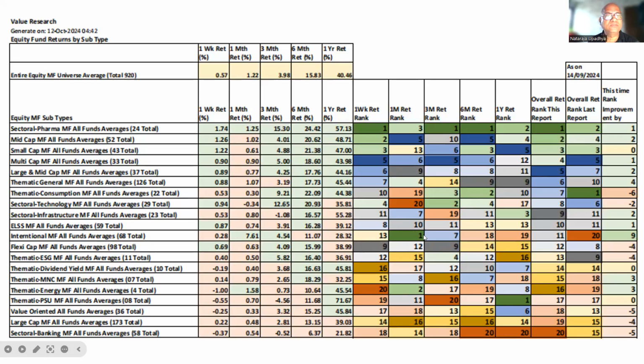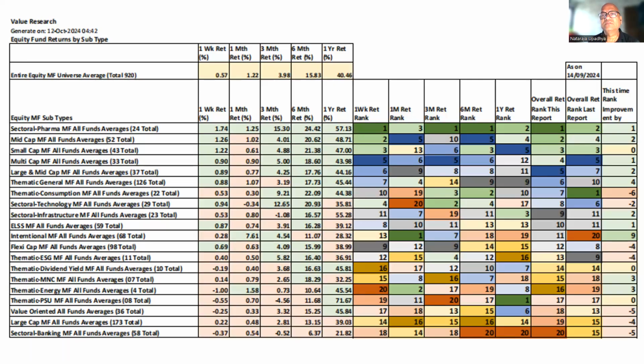Number two went to energy, which again slowed down to 20th on the weekly basis. Number three went to pharma, which became better now. Number four went to thematic general, and number five went to mid cap funds.